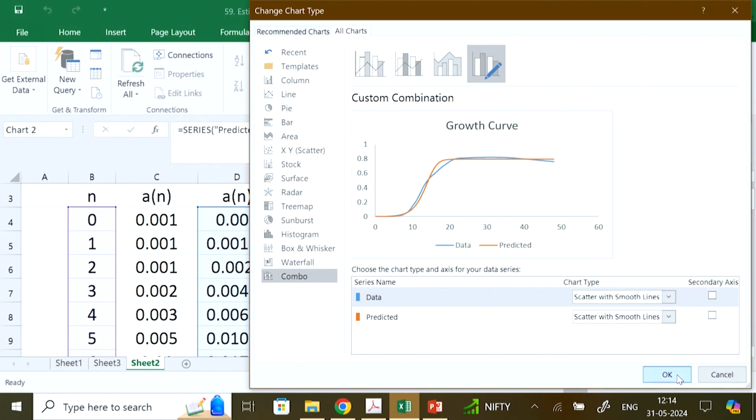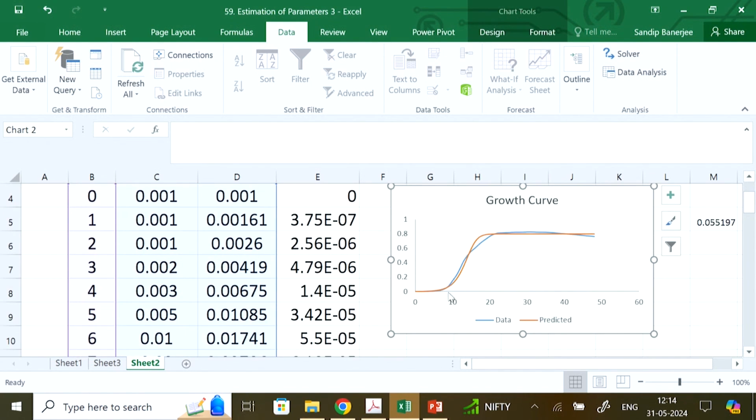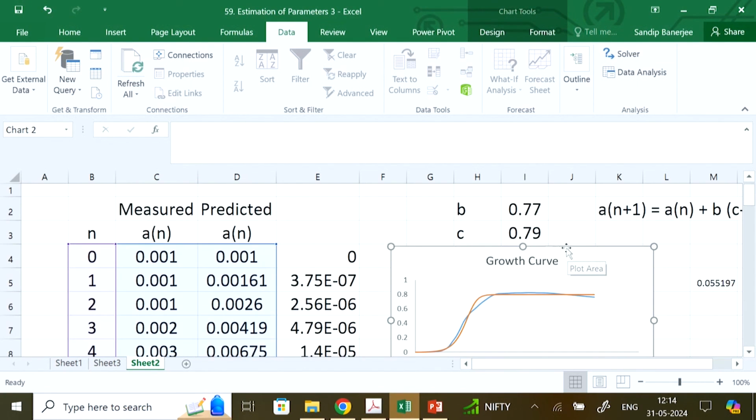Yeah. So if I just change it from dots, you can see that the blue one is the data and the orange one is the predicted. It's a pretty good match, and the values are 0.77 and 0.79 of B and C. B is the intrinsic growth rate and C is the carrying capacity.